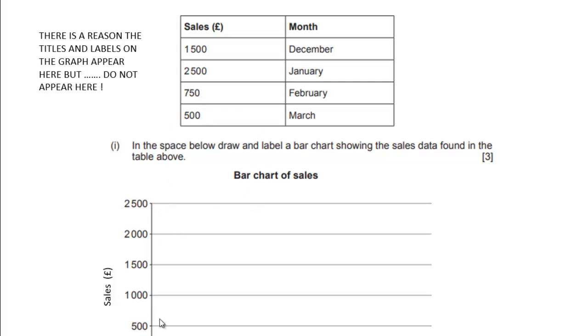Now if you look at the scale on the axis here, there isn't a 750 there, but what we do know is the difference between 500 and 1,000 is 500, so if we halve it, we find the halfway mark, and we know that's going to be 750.